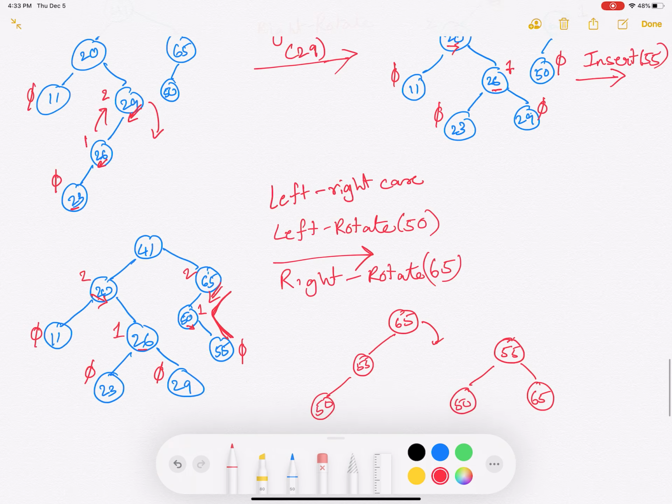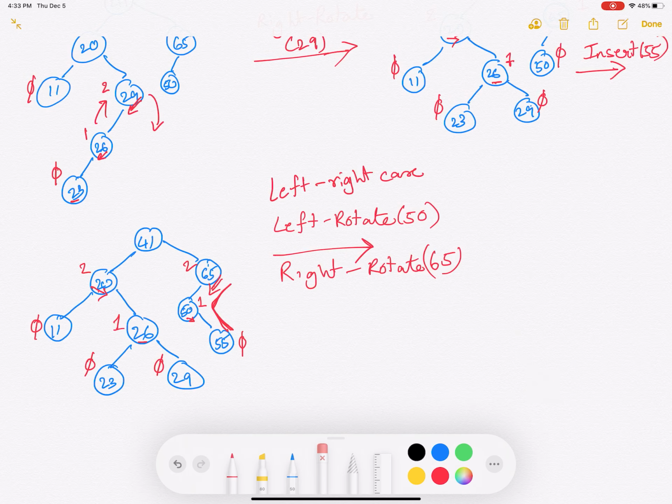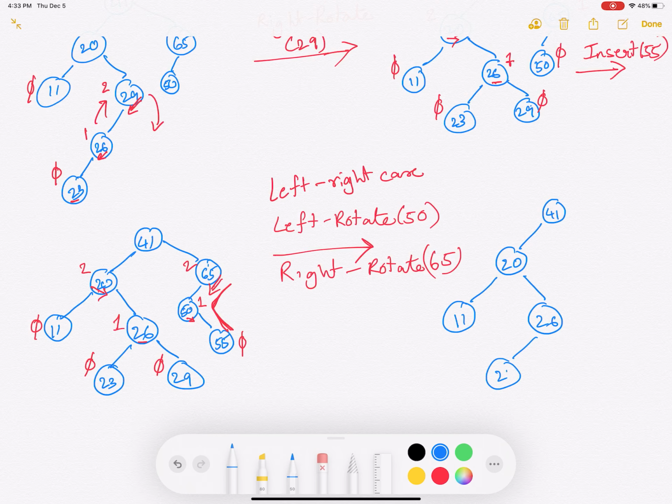Now let us see how the tree will look after we have done this. Okay, so for the final tree, I'm just going to erase these 2 things here. Erase all this. So the tree will look like this. So I'll have 41, 20, 11, 26, 23, and 29.